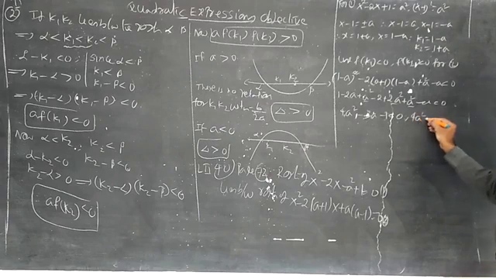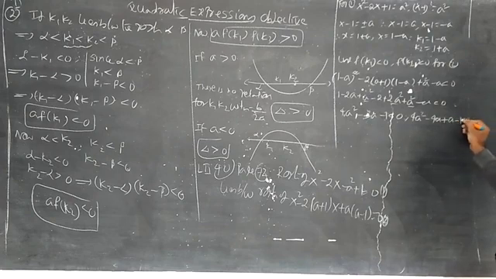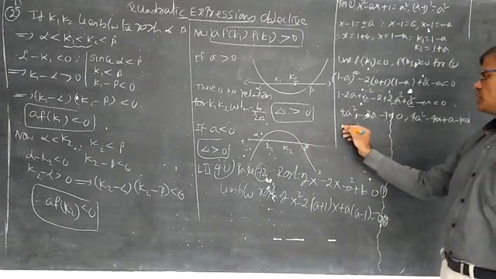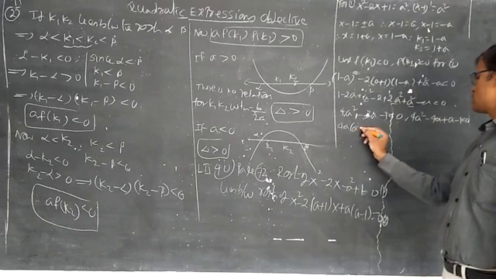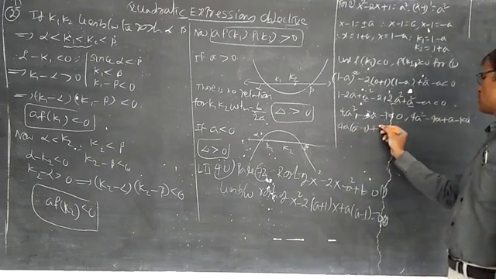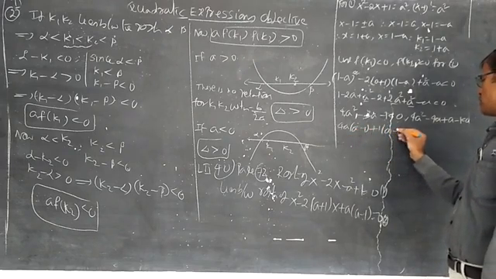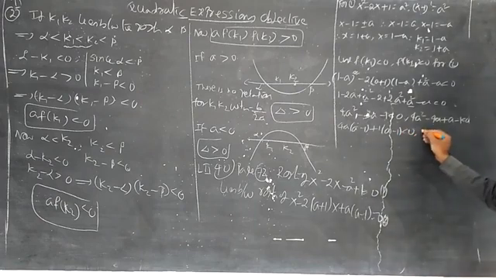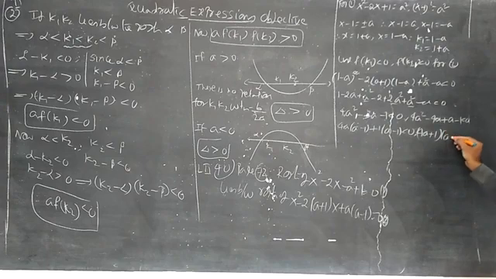By splitting the middle term, we can write 4a square minus 4a plus a minus 1 less than 0. Taking 4a common, it becomes (a minus 1), and taking 1 common, it becomes (a minus 1), less than 0. You can write this as (4a plus 1) into (a minus 1) less than 0.